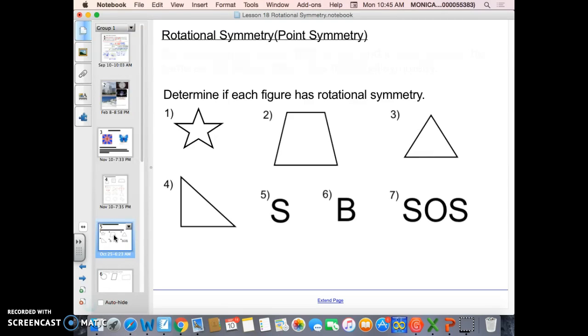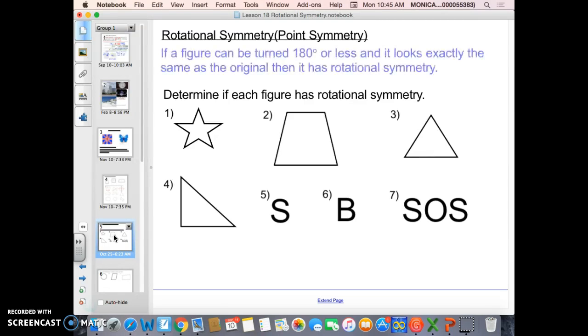Now, rotational symmetry is a little different. Rotational symmetry is when a figure can be turned 180 degrees or less and it looks exactly the same, then it has rotational symmetry. So what you're going to do is try to draw a point exactly in the center of your figure. For me, I'm going to trace right here on the whiteboard, but for you, you will have patty paper that you can trace with.